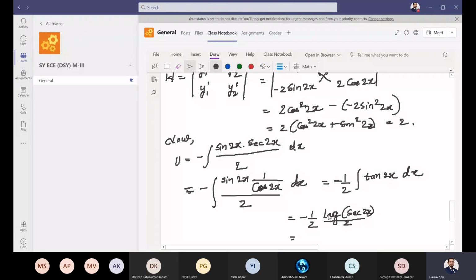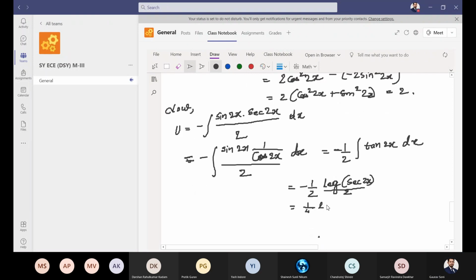The minus sign will go inside and we'll have 1 by 4 log of cos 2x. This is u. 1 by 4 log of cos 2x.